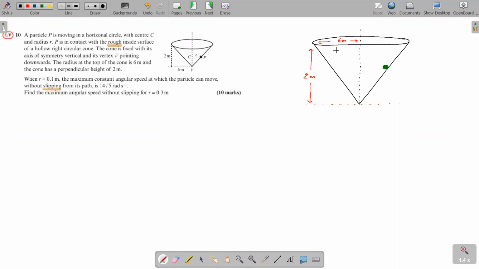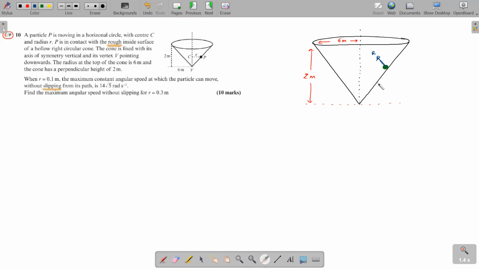So the normal reaction is just making a 90-degree with the surface. It does not necessarily need to pass through the center, because in another place the normal reaction just goes like this. So that's important.